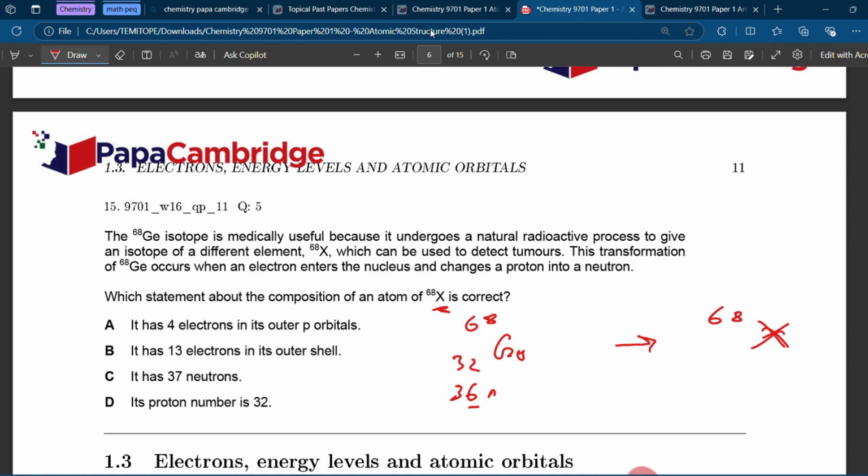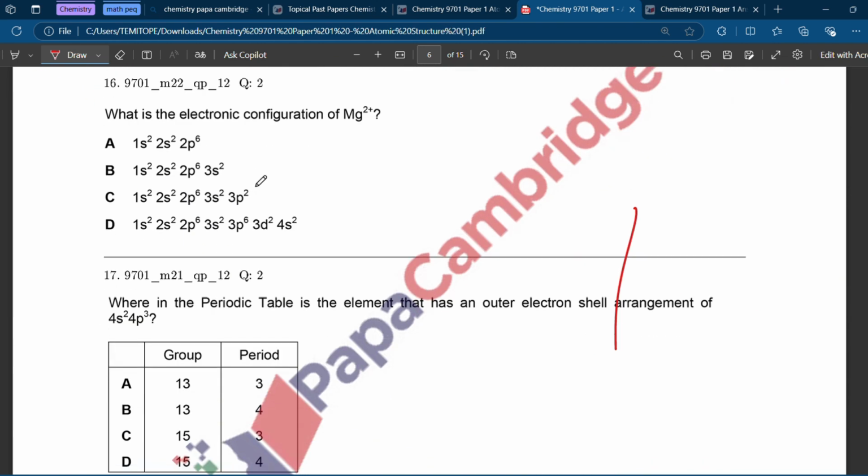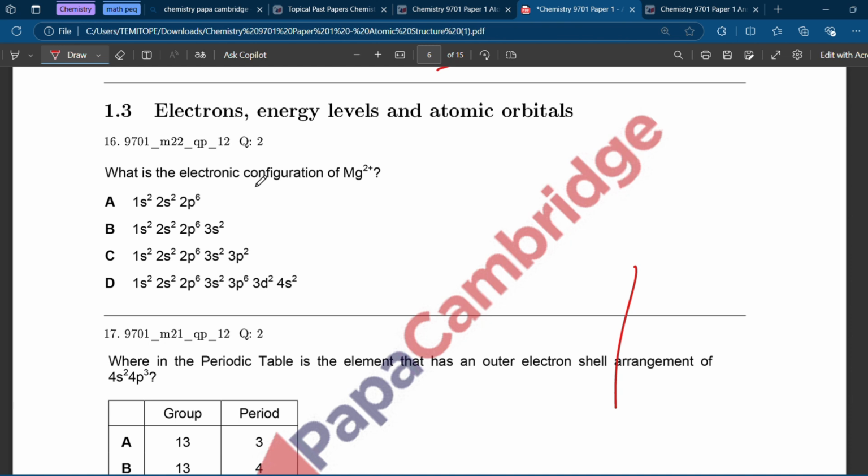The transformation of Ge occurs when an electron enters the nucleus and changes a proton into a neutron. So an electron enters and turns a proton into a neutron. In this case, let's look at how many neutrons this one has: 36 to make up 68.